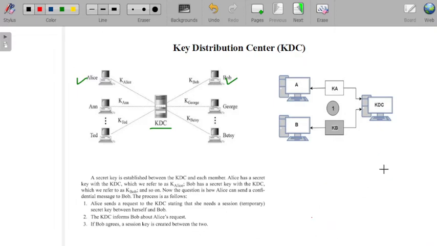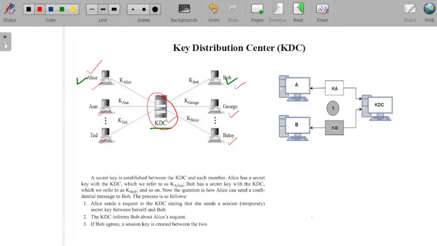Now in the given diagram, there are multiple users like Alice, Anne, Ted, Betsy, George and Bob. And what can KDC do? It can create a session key, that is a secret key, between all the users and each member. Suppose Alice wants to communicate with the other users, then first of all they need to generate the keys with the KDC.